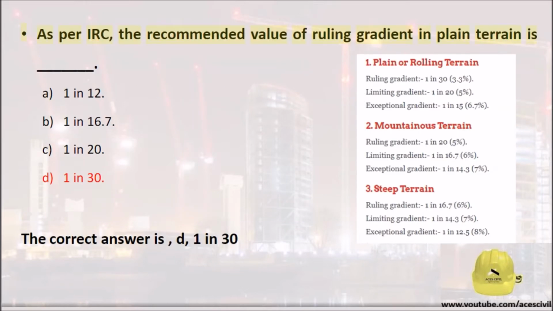As per IRC, the recommended value of ruling gradient in plain terrain is: A. 1 in 12, B. 1 in 16.7, C. 1 in 20, D. 1 in 30. The correct answer is D. 1 in 30.